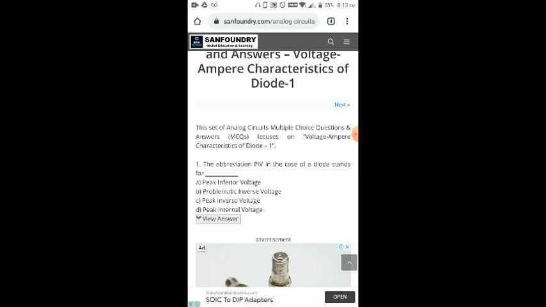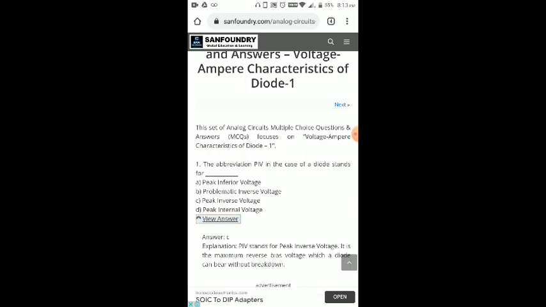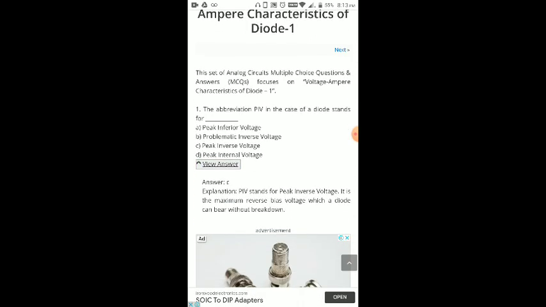The diode should withstand the inverse voltage that we apply in full wave and bridge rectifiers. So answer C, peak inverse voltage. Not only the answer, the explanation is also there: PIV stands for peak inverse voltage. It is the maximum reverse voltage which a diode can bear without breakdown.